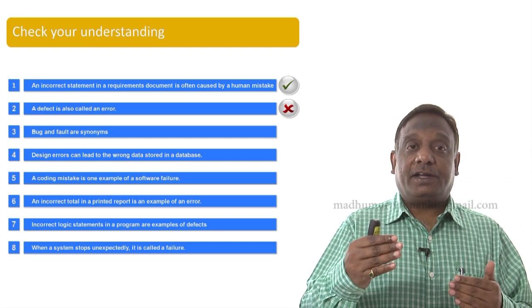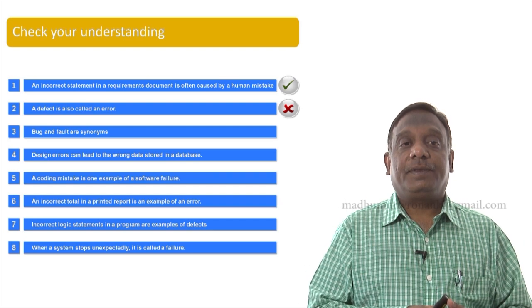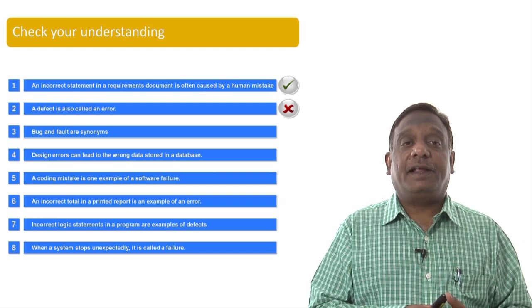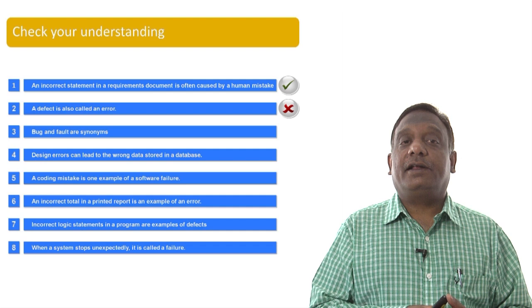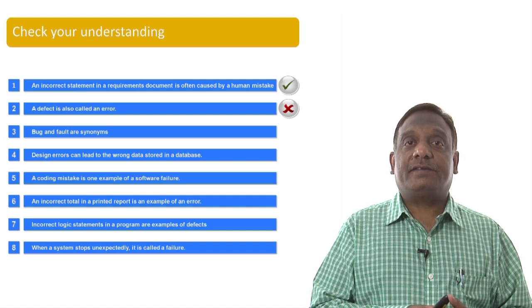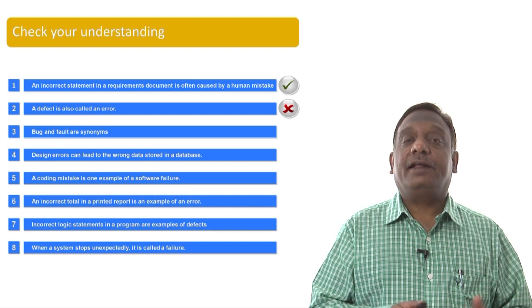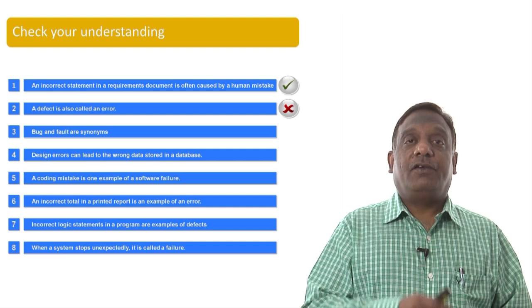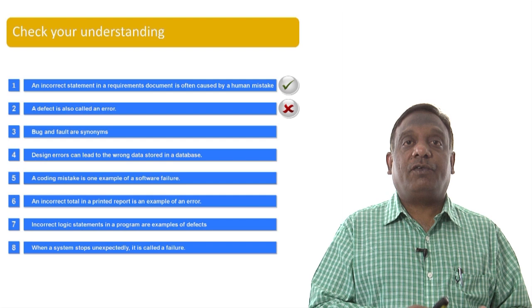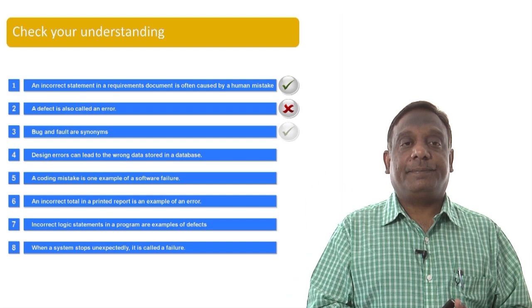So defect and error are not the same. The third statement says that bug and fault are synonyms. Yes or no? Yes, they are synonyms. Bug, fault or defect, whenever we are using these terms, they are the same.